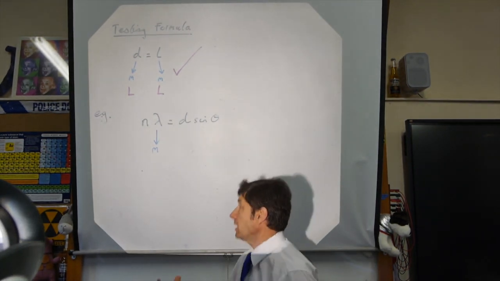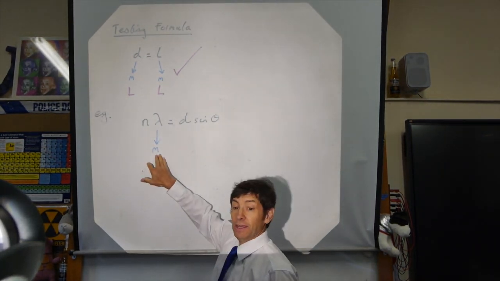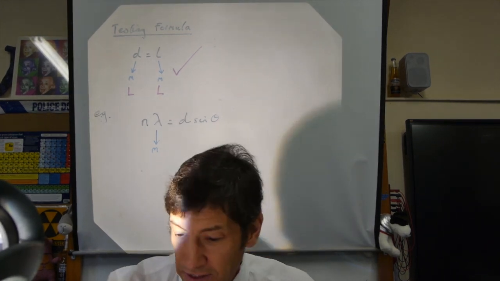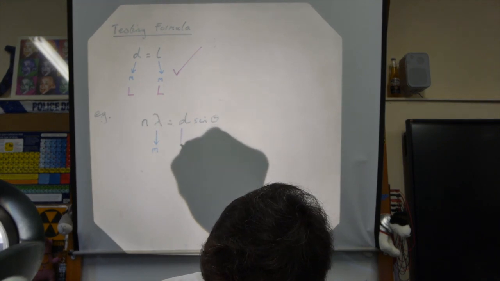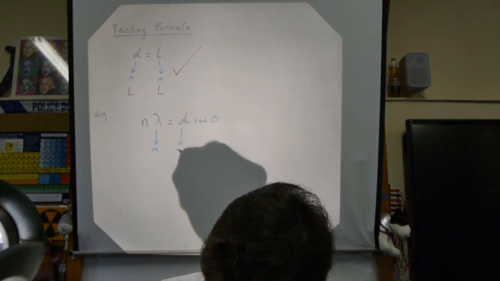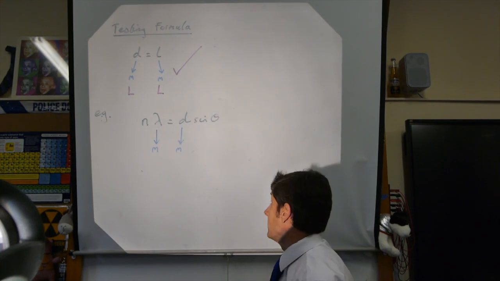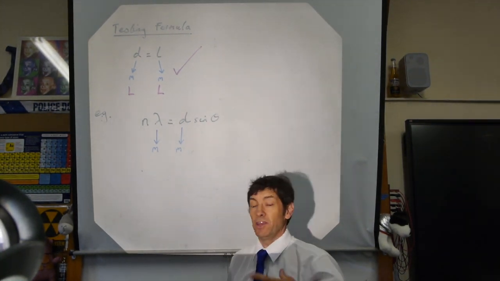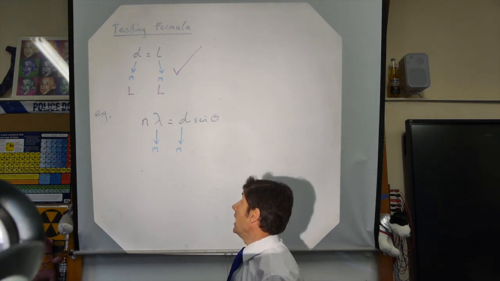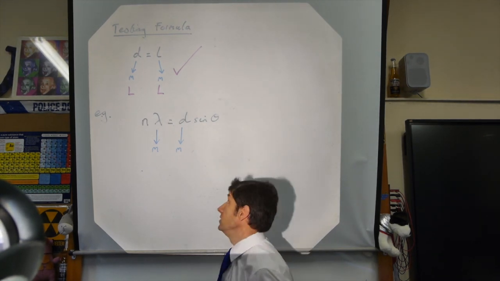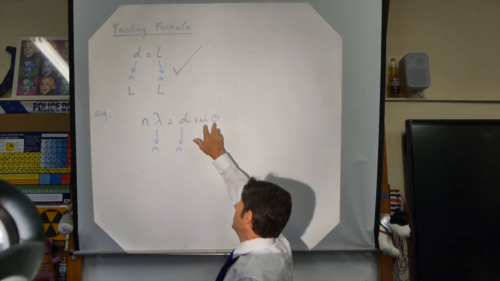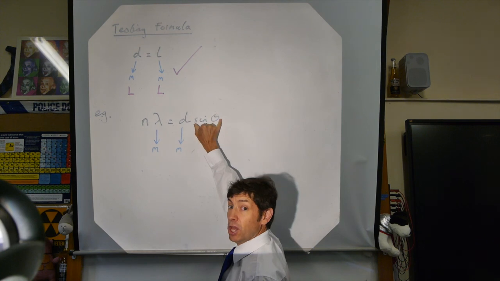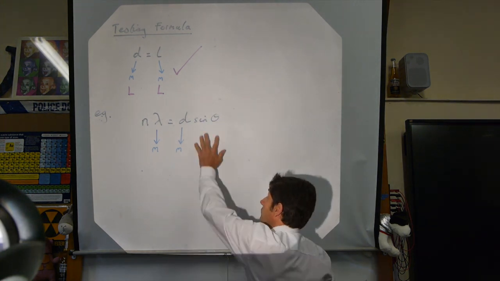And wavelength must be measured in meters. d sin θ: well, d is a distance, so that's measured in meters. And an angle doesn't have any units after it. It doesn't have any base units or even a named derived unit. So sin θ is just a number on your calculator. It's a dimensionless number. So no dimensions there.